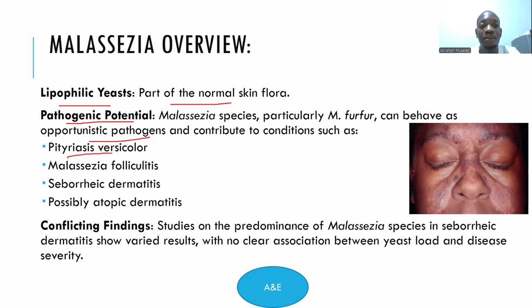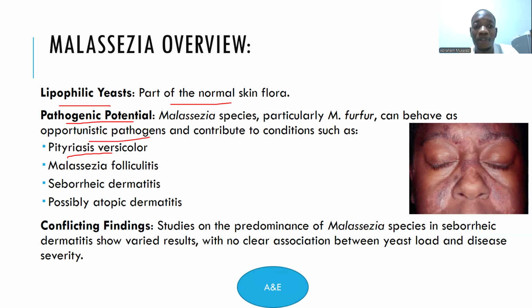We have the Malassezia species causing different skin conditions, and that's why it is also thought to be the one causing seborrheic dermatitis, because we have it causing folliculitis, the Pityrosporum folliculitis. We have it causing pityriasis versicolor. We have it causing confluent and reticulated papillomatosis, and possibly it has also been linked to atopy.